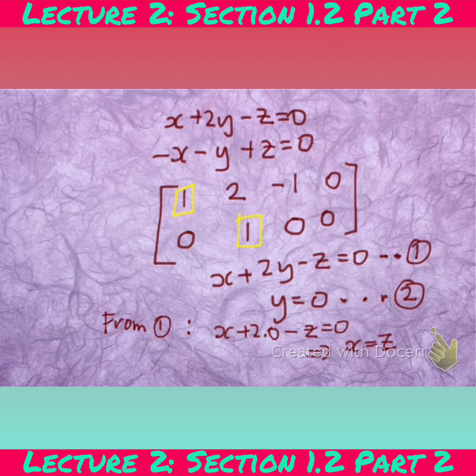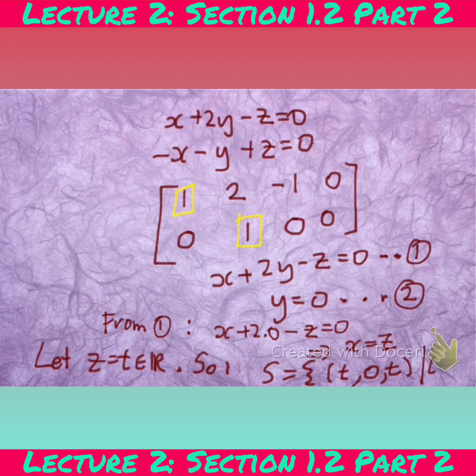So we complete by letting z be t, where t is a parameter, and so the solution space becomes all points where x is t, y is 0, and z is t. That is a solution to a homogeneous linear system.